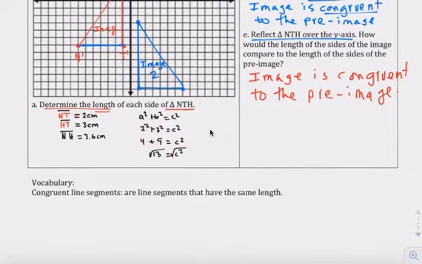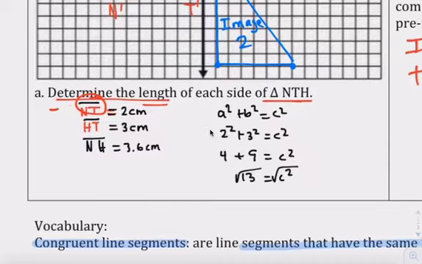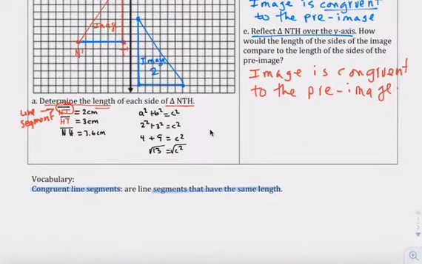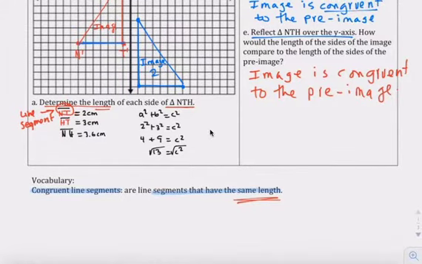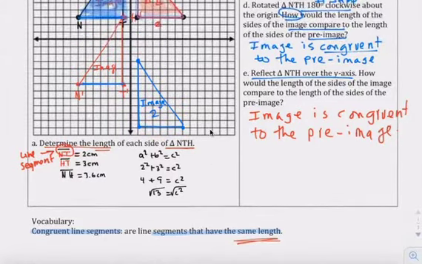So we come to the vocabulary word congruent line segments. Congruent line segments are line segments that have the same length. See that? These are line segments. This symbol here is a line segment. Okay, that's important.